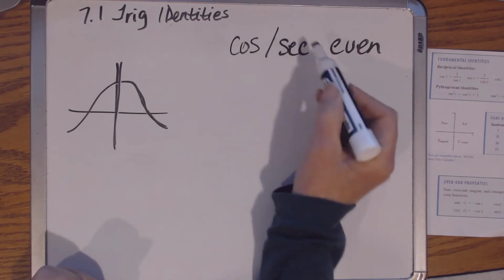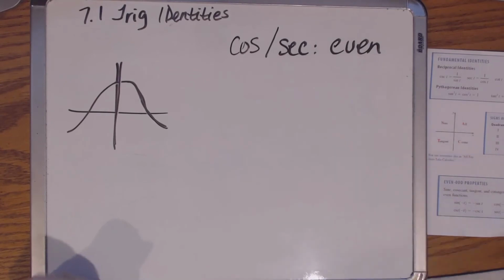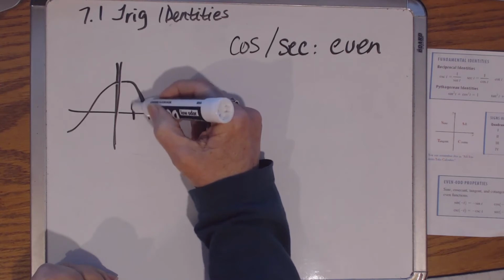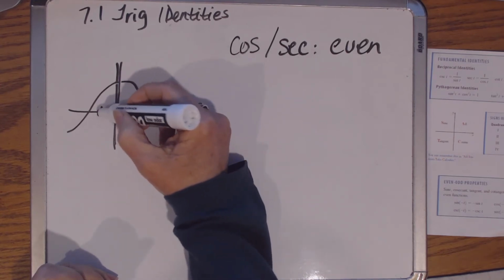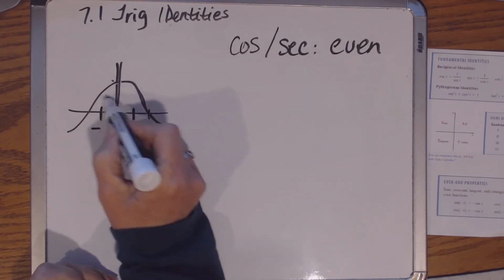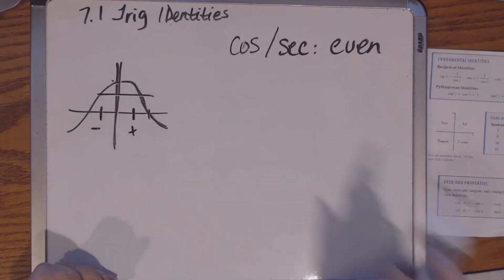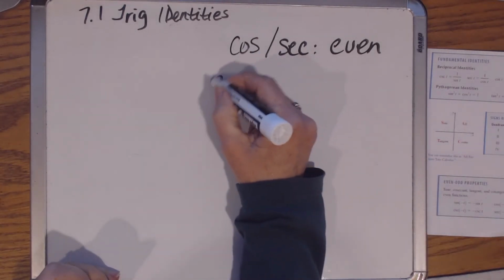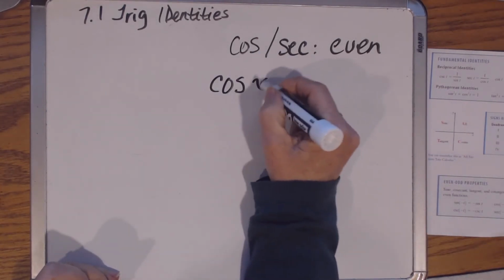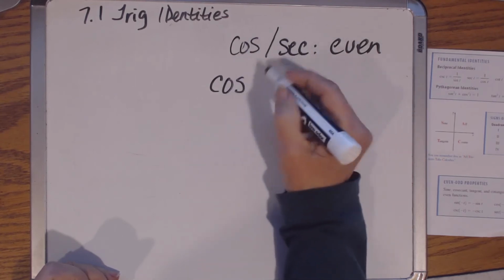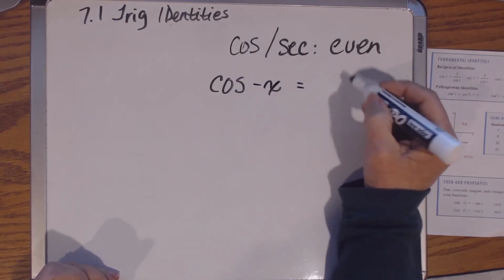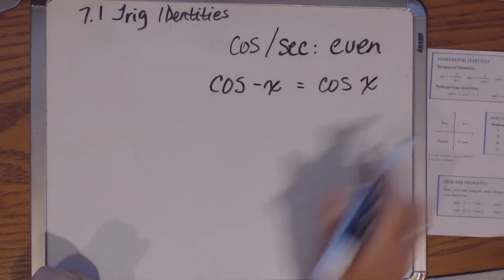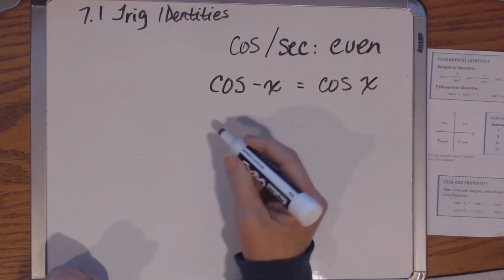So cosine and secant are even functions: if I put in this positive value and then put in this negative value, I am going to get the same y value, okay? It doesn't matter if it's positive or negative. So another way I could say is that the cosine of negative x is going to equal the cosine of x. And the secant of negative x is going to equal the secant of x.